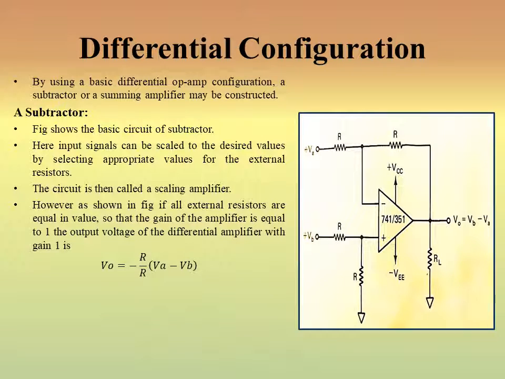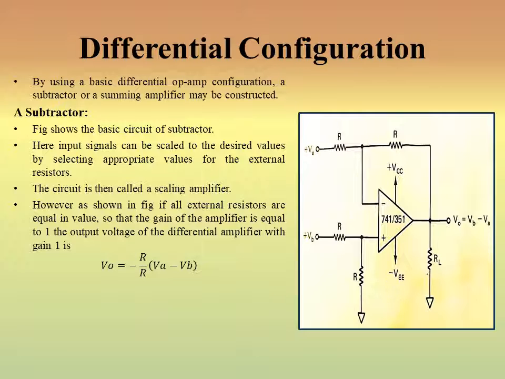So the output voltage is here simply minus R upon R, because for an inverting configuration the output voltage VO is equal to the gain of the circuit times the input voltage. Now the gain of the circuit will be minus RF upon R1, but here RF and R1 are both R. So putting minus R upon R, (VA minus VB) can be written.